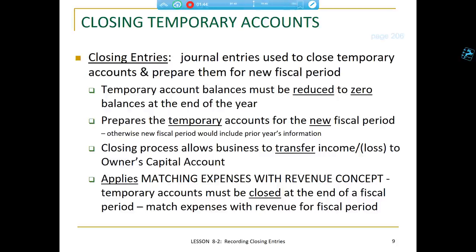Because now we're taking all that information relating to the revenues and expenses for that period, and we're closing them out and putting them together for just that fiscal period. Okay? It's not like the revenues from one period carry over into the revenues for another period. That doesn't happen. Good? Move on? Yeah. Okay.